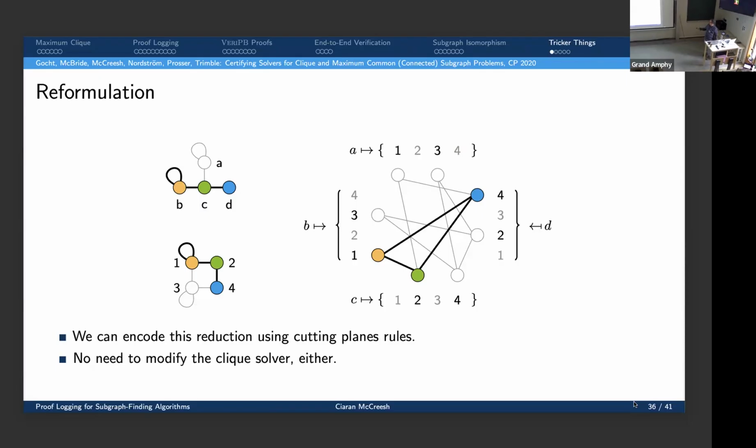You find a maximum clique in this graph and it gives you the solution here. We don't need to use this as the encoding. We can start off with an encoding similar to subgraph isomorphism. So find me a mapping from the first graph to the second graph, except we say this mapping is partial. And we can do the reformulation inside the VeriPB proof log.